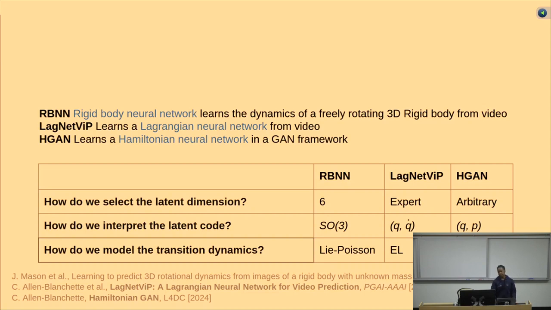Thanks for asking that. For the most part, that's true. In the RBNN example, there's rotation toward the camera, so there's a little bit of depth that we have to infer there. We have a couple of thoughts about when there's a scale ambiguity.